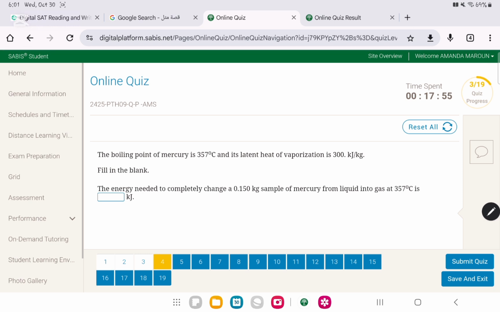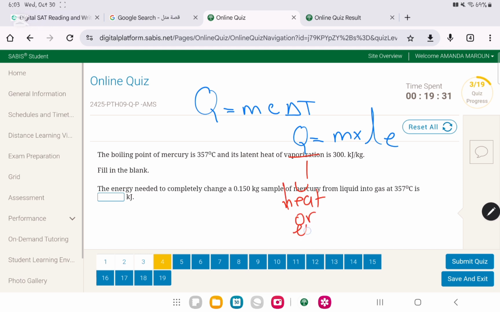Okay, this is very important. Remember, we said we have the first equation, which is Q equals mc delta T. Now, I'm going to add one new equation, which is Q equals mass times L_v, which is the specific latent heat of vaporization. So now our new equation is Q, which is the heat or energy required, equal to m, the mass, times the specific latent heat of vaporization.